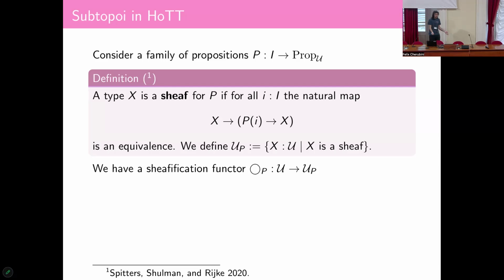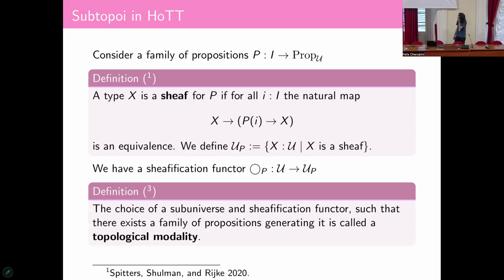With this, we get a sheafification functor for free by higher inductive types. With a choice of a sub-universe and sheafification functor, this data, a family of propositions, is a topological modality. This is the thing that externally corresponds to a Grothendieck topos.